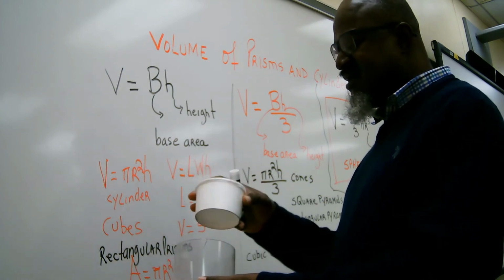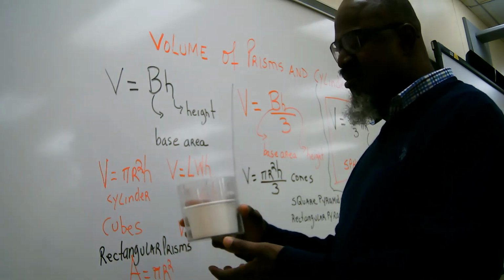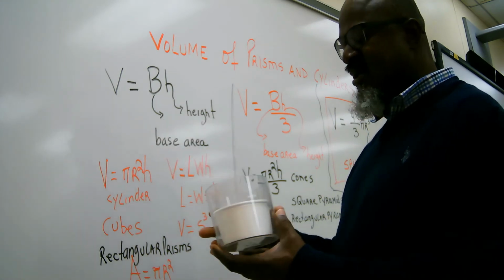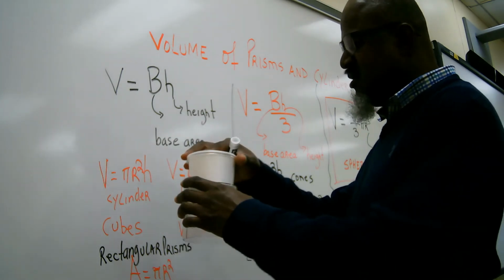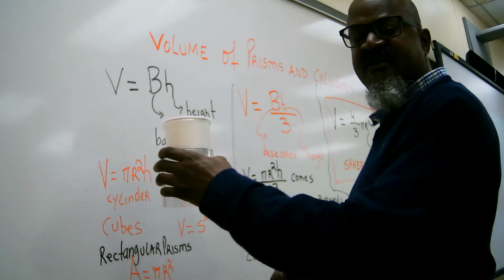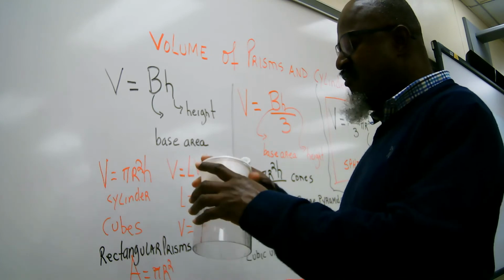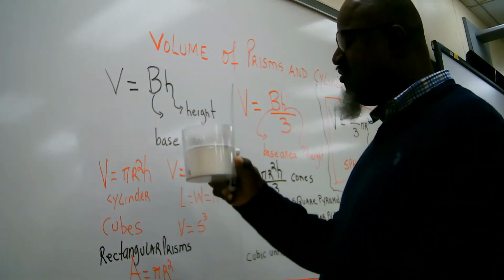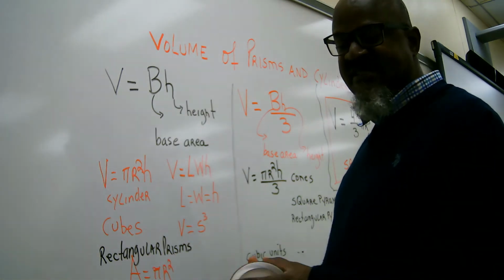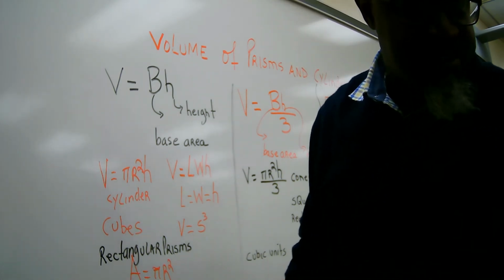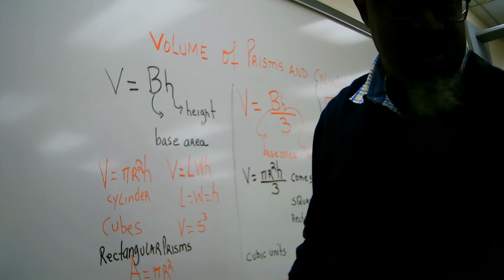However, if one is inside of another, you still find the volume of both of them, then you find their difference. Look at those scenarios. If one is on top of the other, you find the volume of both cylinders and you add them. If one is inside of the other, you find their volumes and you find the difference. This can also work if you have a cube and a cylinder, whatever the 2 shapes are.